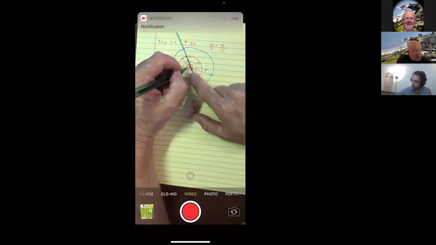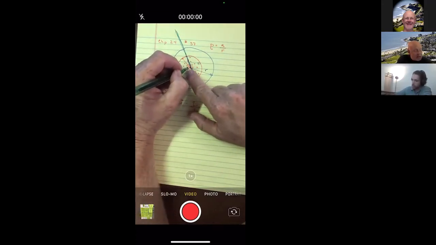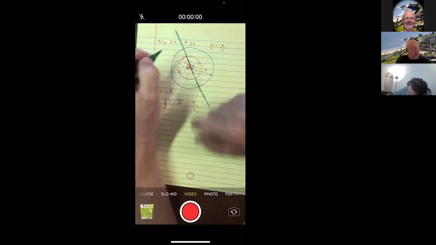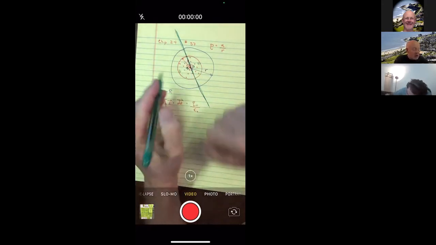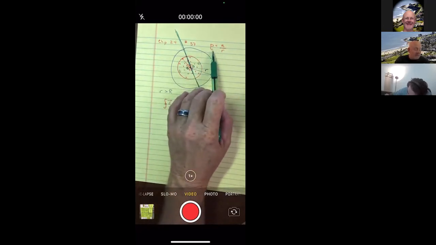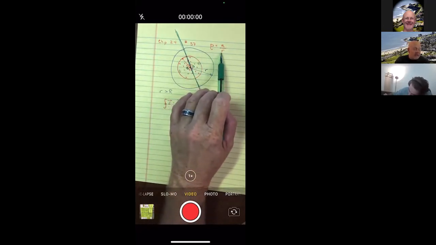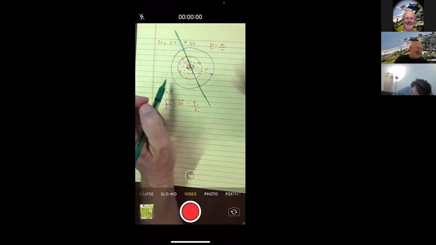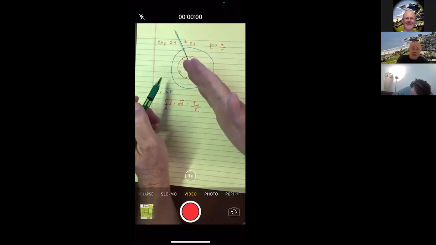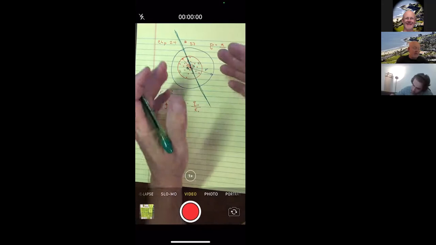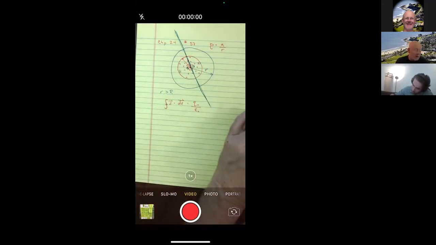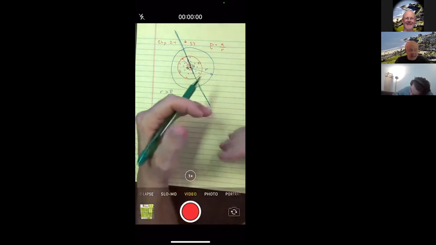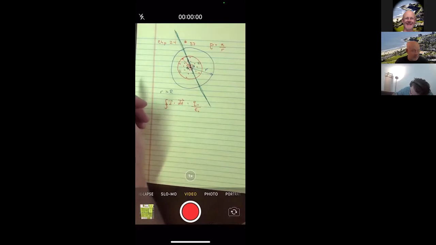The heavier concentration of charges right here at the smaller radius would flip over and go to here at a smaller radius. But again, it still would be the same value. So even though the charge density is not what we would call spherically symmetric, it does have a line or a mirror symmetry. And so the stuff on the left matches the stuff on the right. Now, that is my way of saying, yes, this is a line of symmetry. Like I said, a little harder to see that one.